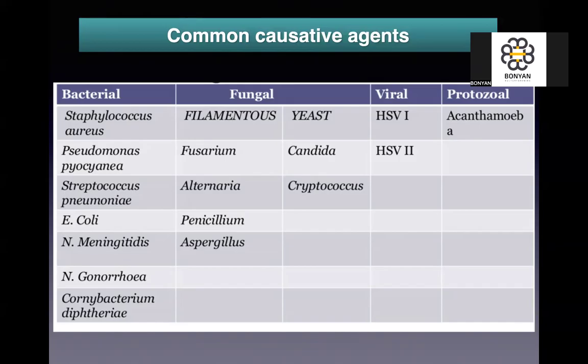In fungal keratitis, we have two types, filamentous and yeast. Filamentous is more common than yeast. The yeast is more common in immunocompromised patients because it's an opportunistic infection. The filamentous is either Fusarium, Alternaria, Penicillium, or Aspergillus.